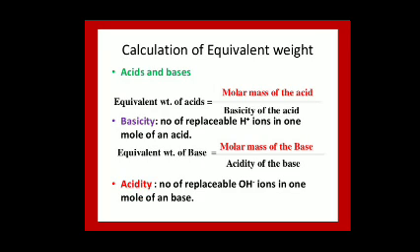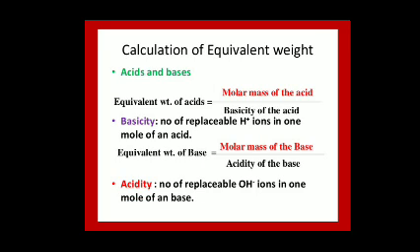So here some examples. Hydrochloric acid gives only 1 H plus ion, so basicity of HCl is equal to 1. HCl gram molecular weight is 36.5, basicity is 1, so equivalent weight of HCl is 36.5 by 1, that is 36.5.